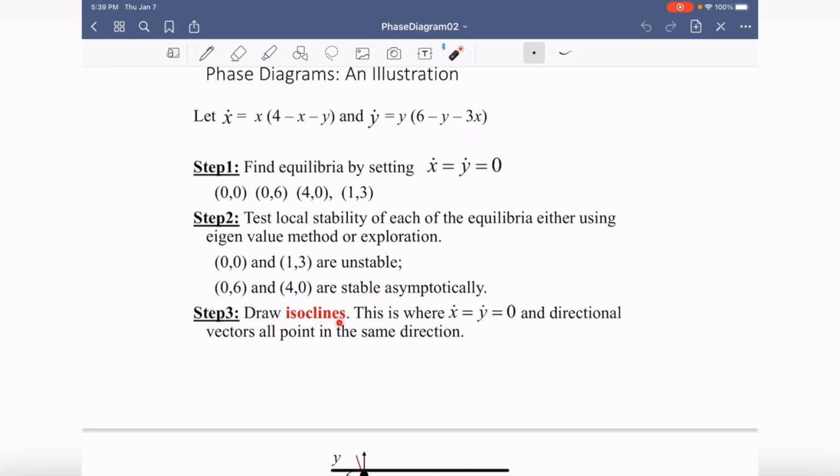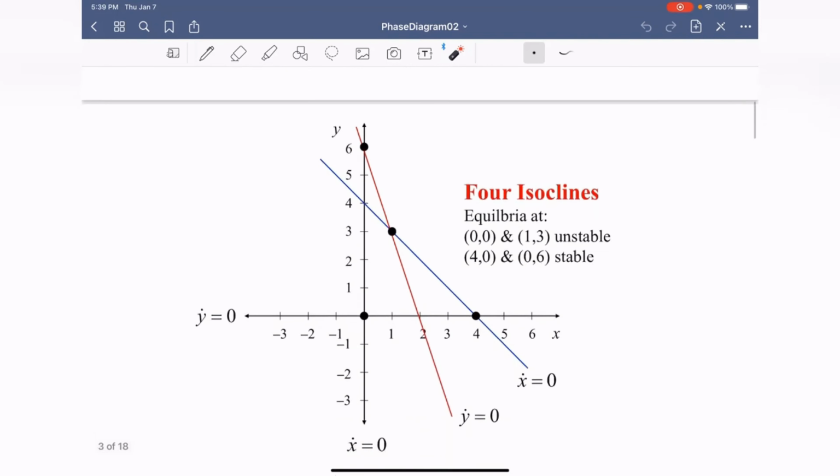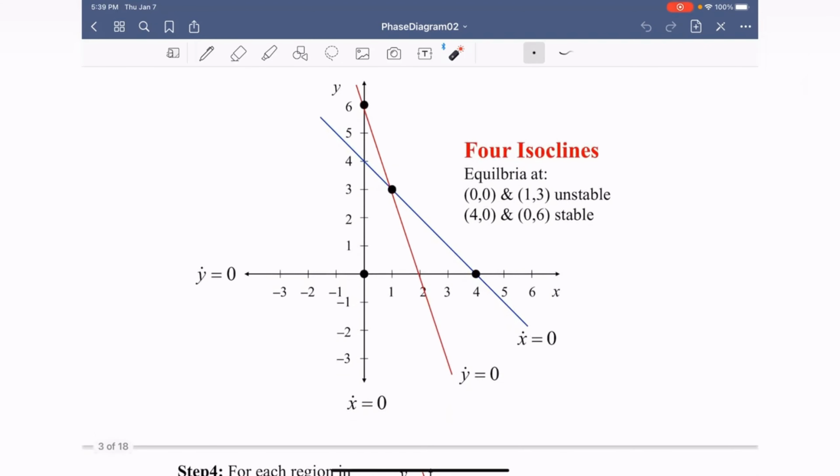And we draw the isoclines, which we discussed in the previous lecture, and this is where x dot equals 0 or y dot equals 0, and directional vectors all point in the same direction. So here are the four isoclines. The first one is y dot equals 0, this red line. The second one is y dot equals 0, the horizontal axis.